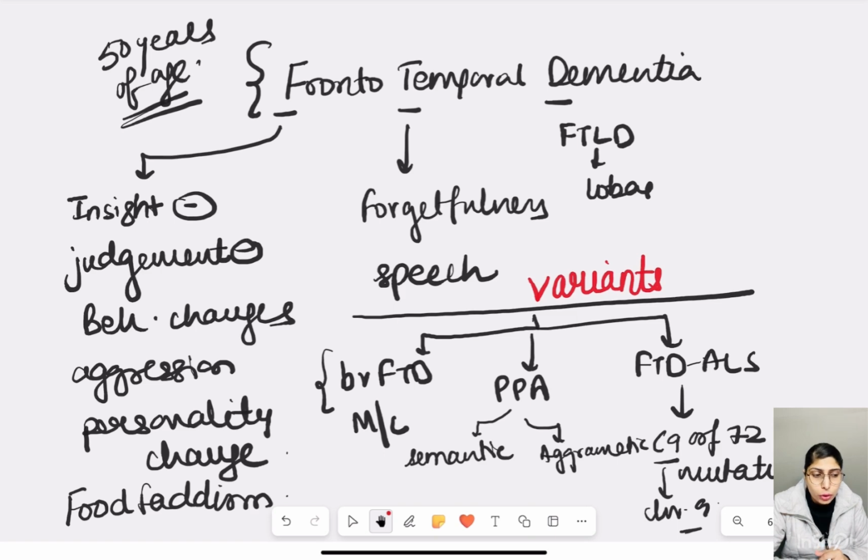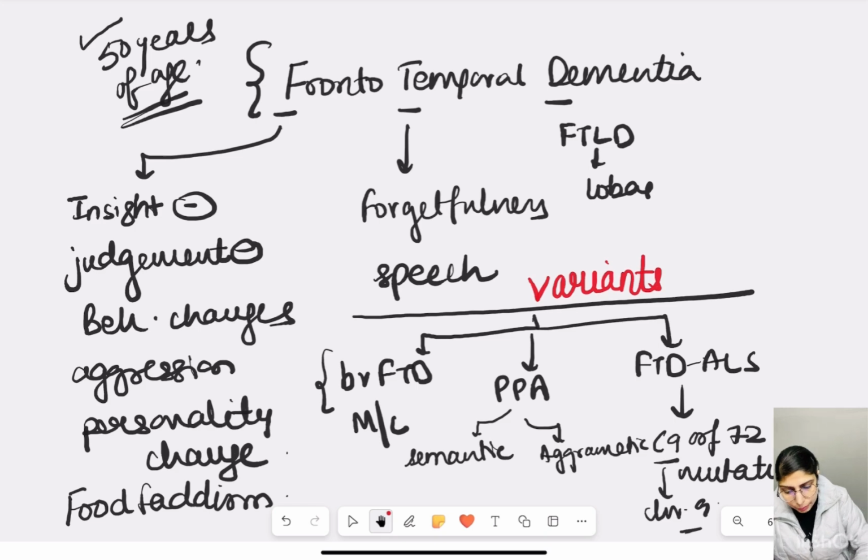So when you talk to patients with semantic aphasia, you get a feeling that the patient does not have an idea about the concepts, about various things. For example, a rainbow comes out when there is rain as well as sun. They will forget that. Now, these are simple things that we learn with age. People start forgetting these things when they have primary progressive aphasia, along with the behavioral changes. So that is the PPA variant of FTD.